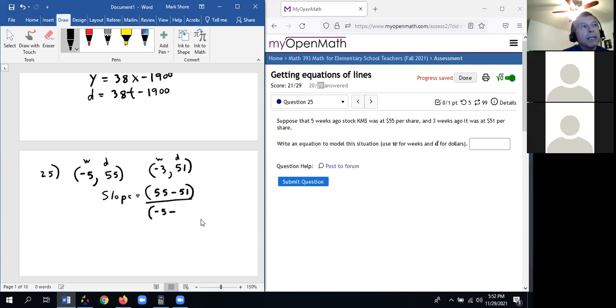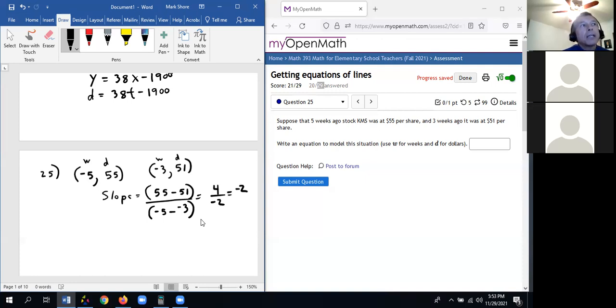-5 minus -3. So if I work this out, 55 minus 51 is 4. And on the bottom, -5 minus a -3, again, two negatives make a positive. So -5 plus 3 is -2. So if I do this division right here, that makes a -2. What does that slope mean?